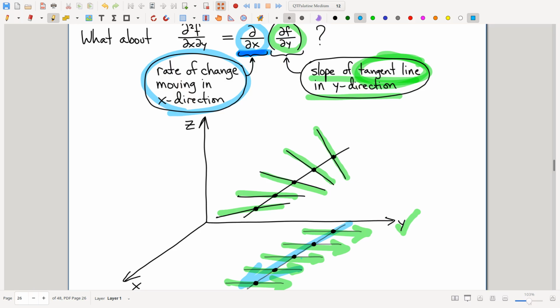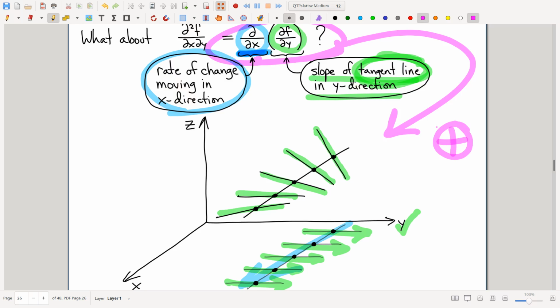So my geometric interpretation is that, as drawn here, this expression would be positive. Everybody okay with that?